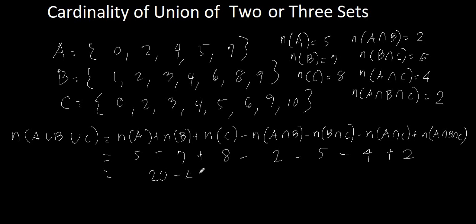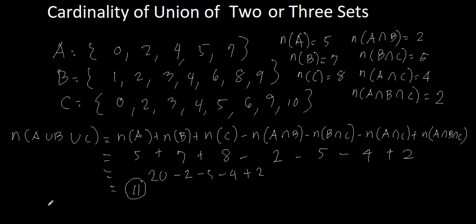And minus 2 minus 5 minus 4 plus 2. 20 minus 2 is 18. 18 minus 5 is 13. 13 minus 4 is 9. 9 plus 2 is 11. So, therefore, the cardinality of A union B union C is equal to 11.